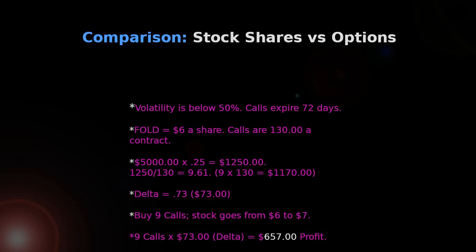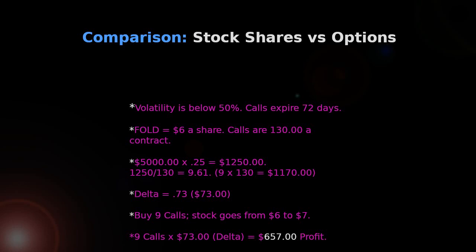If your total trading capital is $5,000, then you divide your 25% of that, which is $1,250, by 130 equals 9.61, and see that you can buy 9 calls, which will cost $1,170.